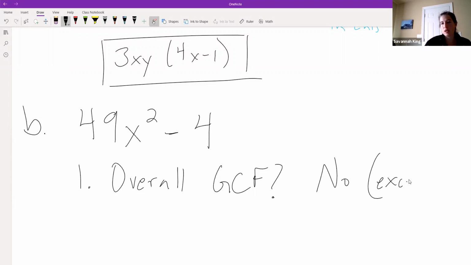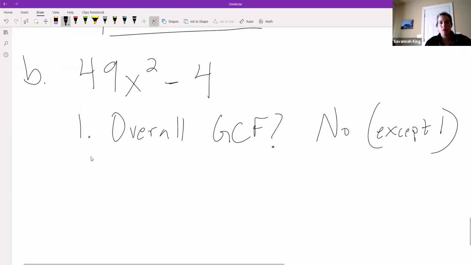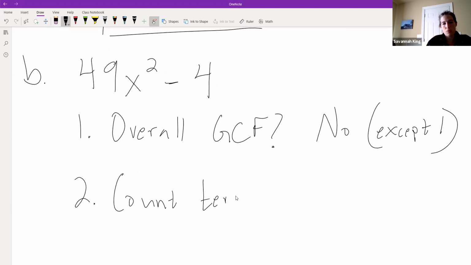So we could say except 1, because you see x squared, that's our only exponent in the whole thing, but the other term doesn't have x to any power, so we can't include the x's. And when we look at 49 and 4, there's no number that divides into 49 and 4 except 1. So that means we can skip the overall GCF step and go on to counting the terms, and pretty obviously, there's 2.